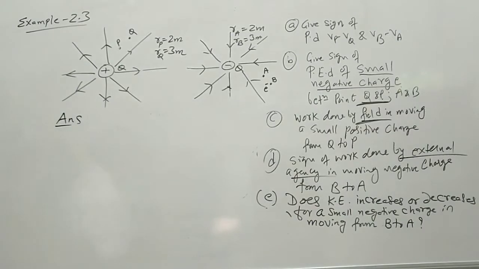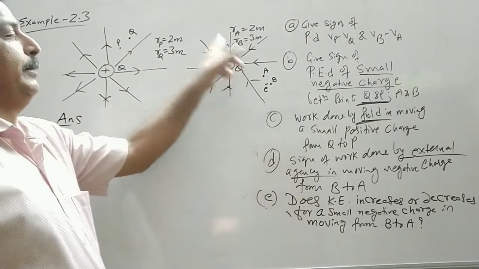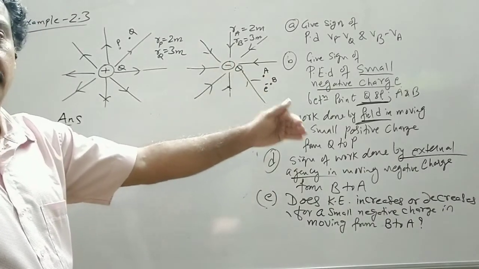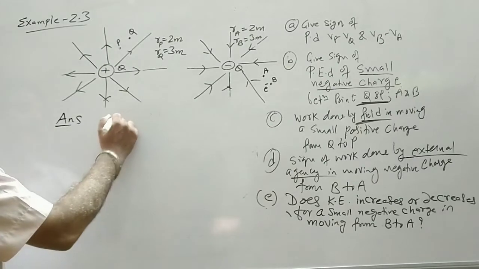In this situation, I have to move against the field. So due to the force of repulsion, when I move from B to A, its speed will decrease.